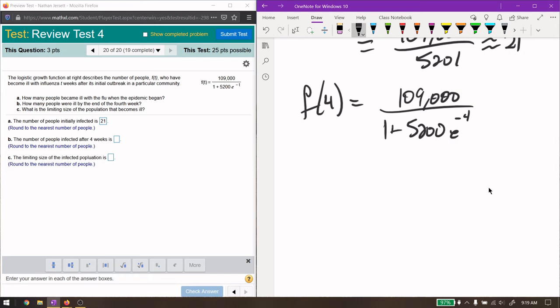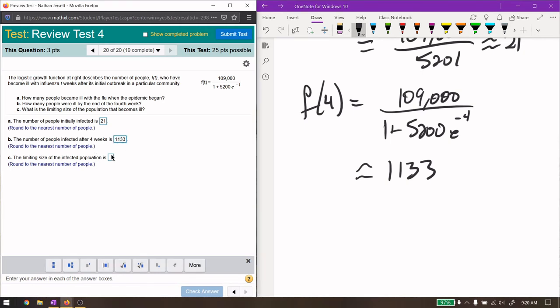E to the 0 is the only one that's easy to calculate because that's always going to be 1. But every other number is going to be hard. So just plug it in a calculator. E to the power of negative 4. I'm getting 0.1133, rounded to the nearest person.